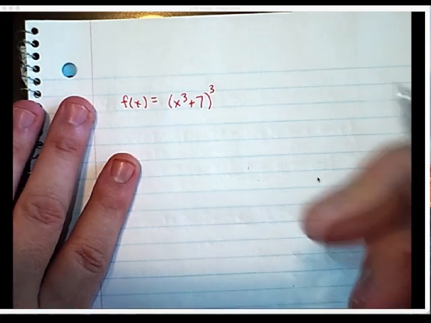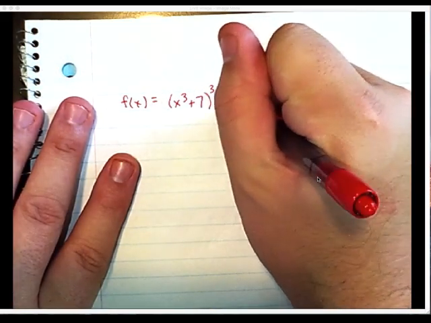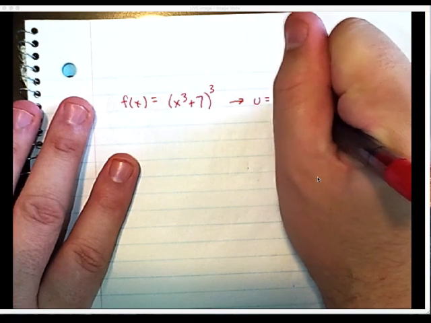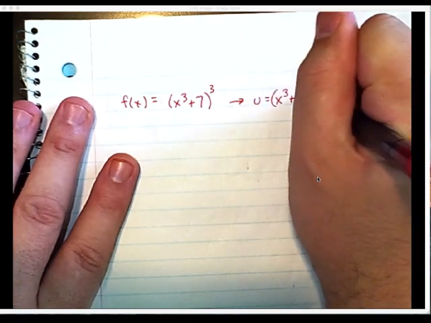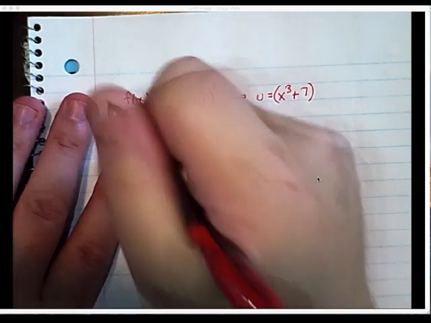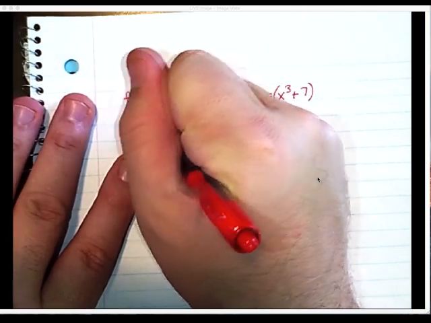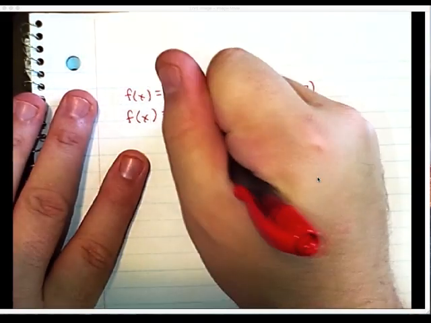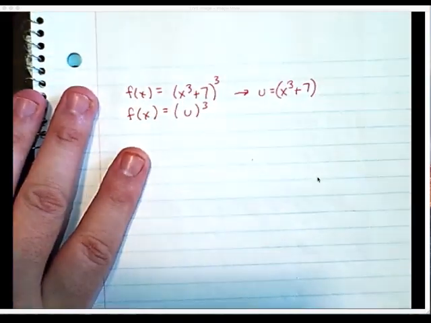All right, so let's make a replacement real quick. Let's let u equal the inside term, the thing that's on the inside. If we do that, now we can just say that f of x is simply u cubed.